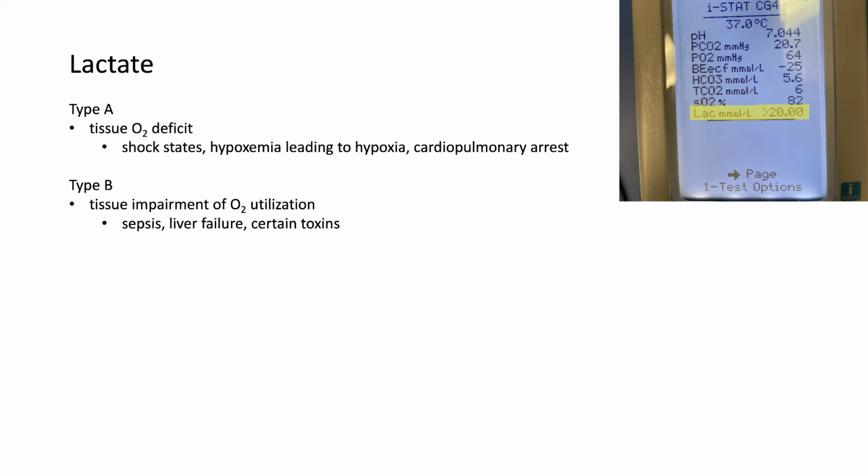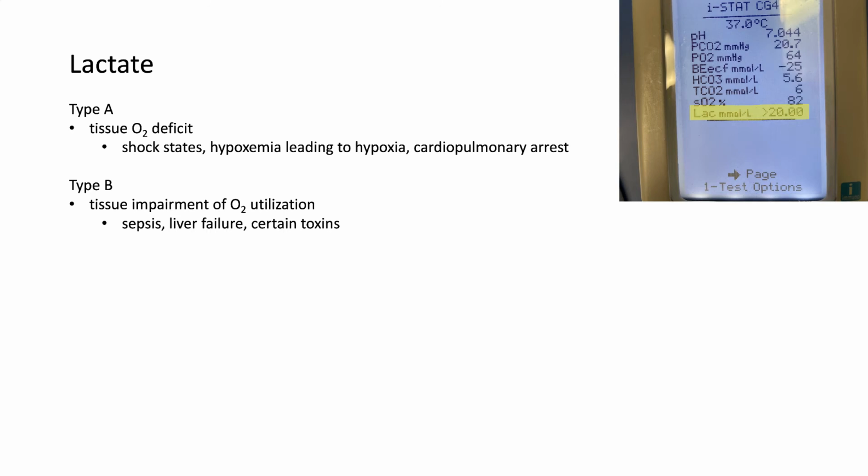Liver failure is on this list primarily because liver is the main organ that excretes lactate and gets rid of it. And you'll remember in this patient, she presented with fulminant hepatic failure. So whatever lactate she was producing, she had a marked impairment in her ability to get rid of that lactate. And so liver failure is part of the type B lactic acidosis, and many toxins can do this as well.